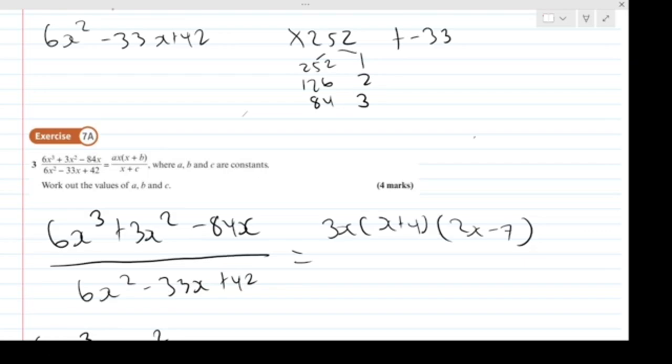What about 4? 63 and 4, nope. 5 won't go into it. 6, 42 and 6, well, we're getting closer now. 42 take away 6 would be 36, not 33, but we're quite close. What about 7? 36 and 7. Nope.